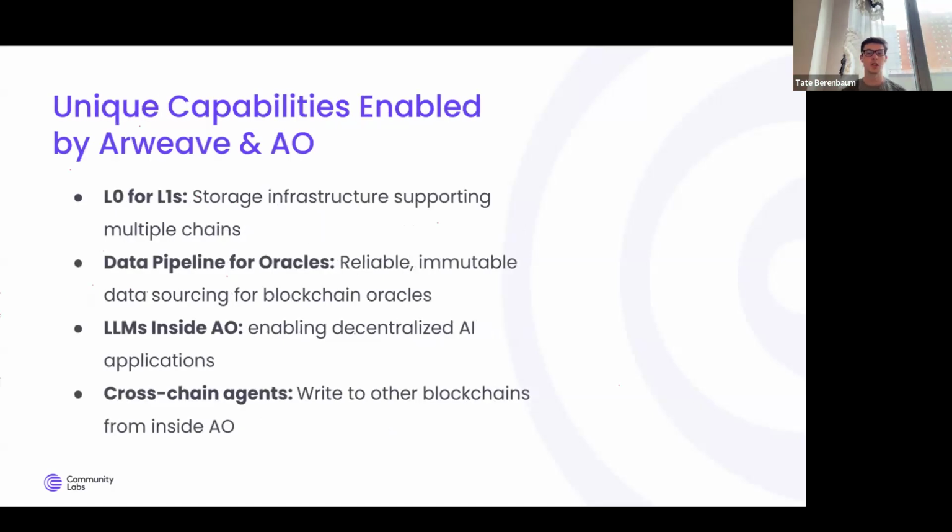It also enables some pretty unique capabilities. So Arweave sort of acts as a layer zero for layer ones for the networks that don't bake in incentives for the nodes to actually store the data or store the history of the chain. Arweave is able to do that for them. It acts as a data pipeline for oracles, transmitting data on Ethereum or other ecosystems.